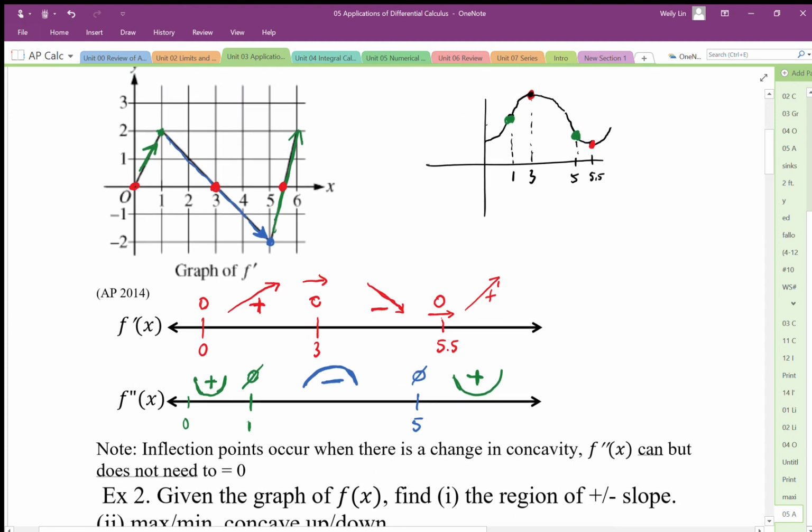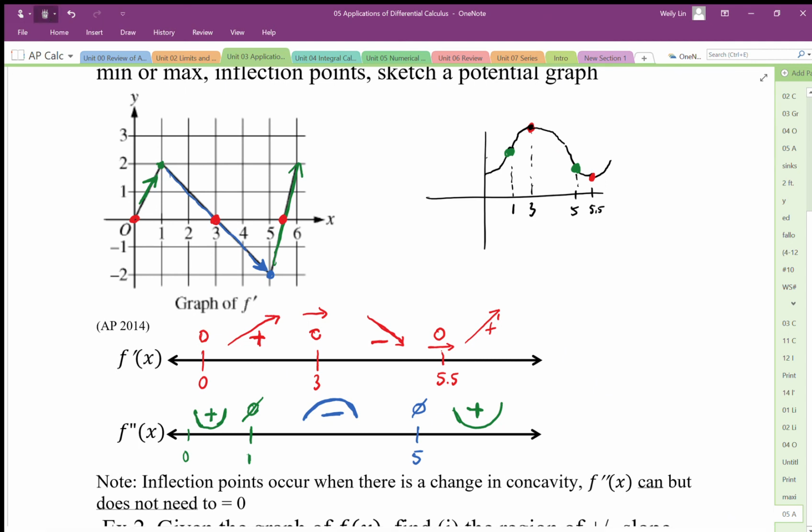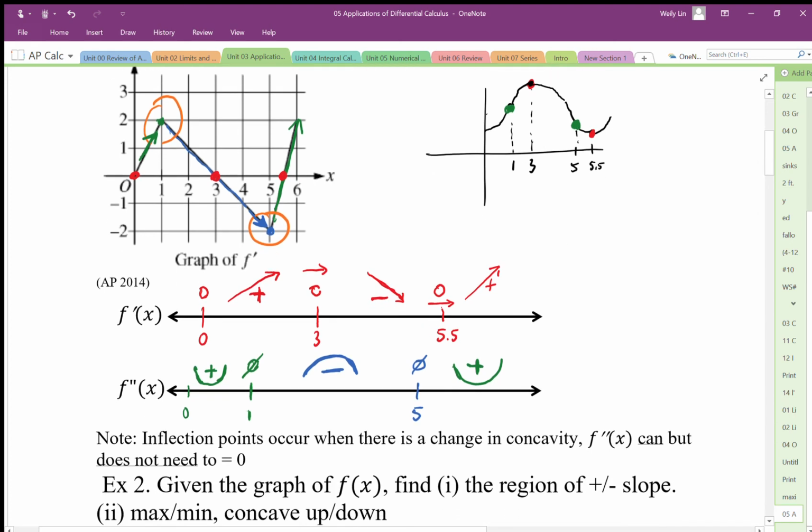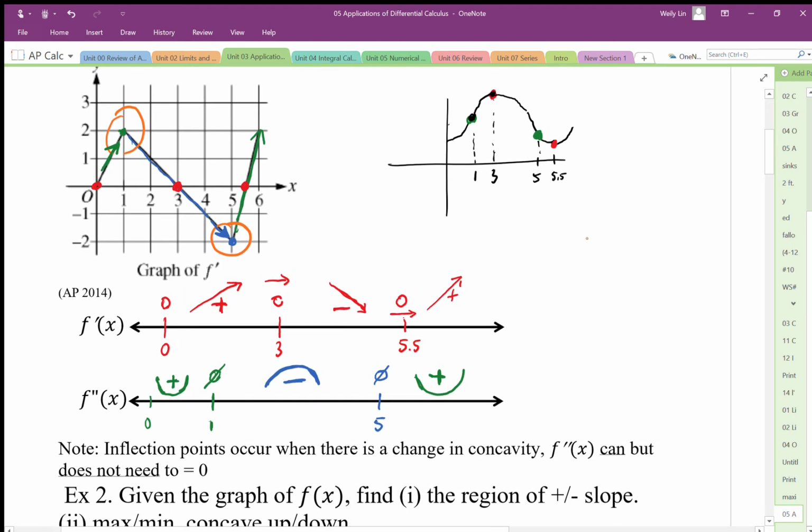So essentially, and this is a feature that I want to highlight: if we have a max point or a min point on our slope graph, so if we have a max point on the slope graph, we're going like this. We have positive concavity, concave up, to negative concavity, which is concave down, and that transition point is going to be an inflection point.